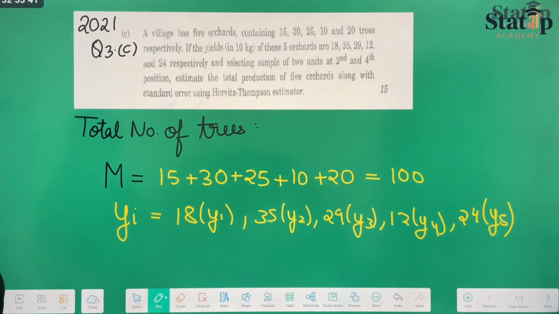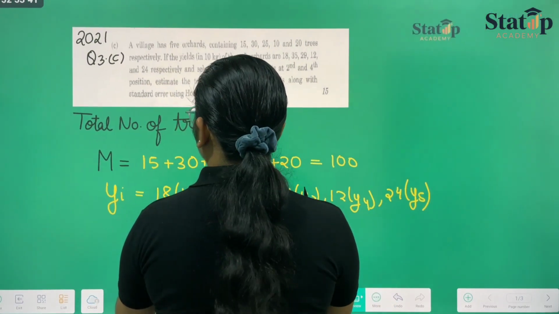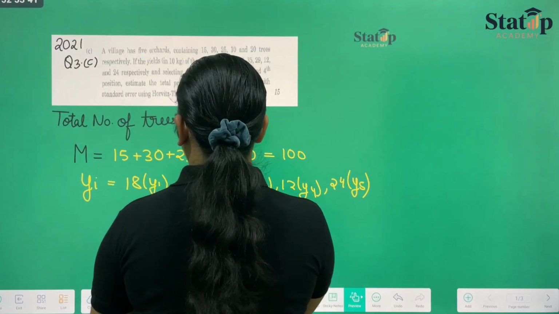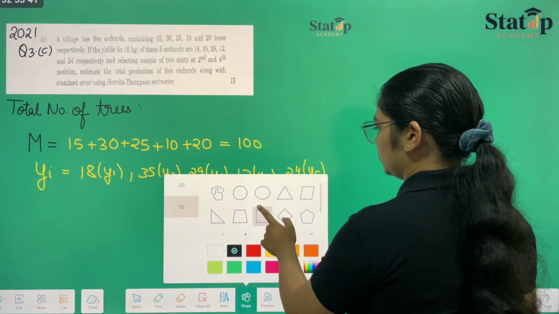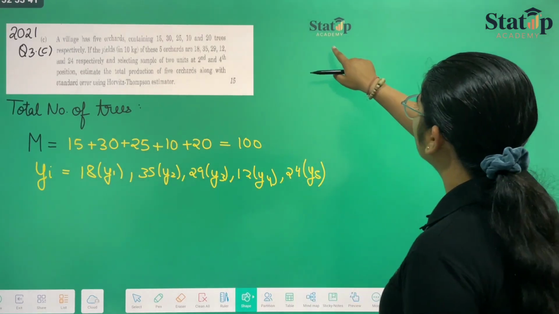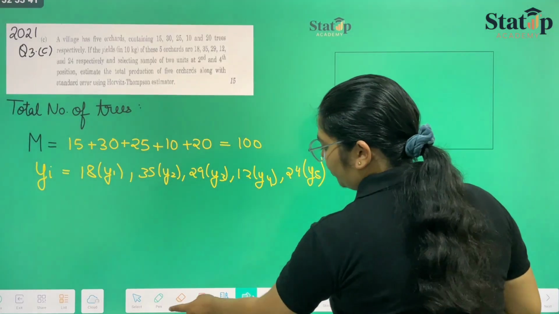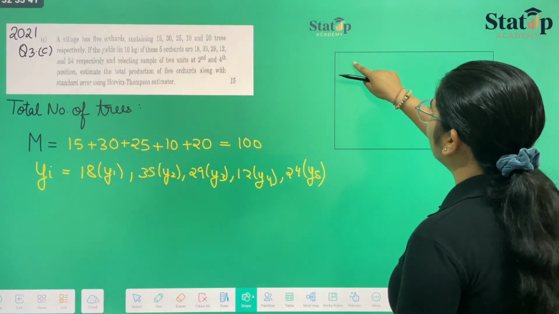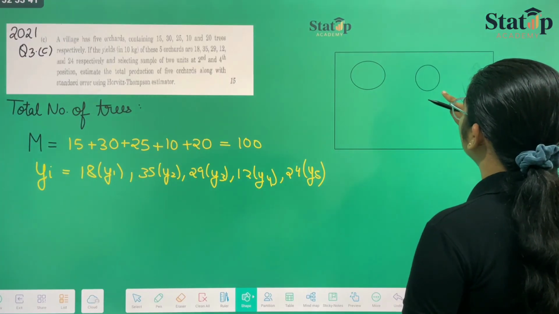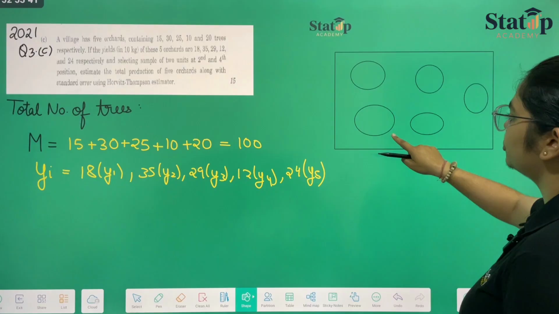Suppose they have taken 5 orchids. Suppose this is the field we are talking about. So we have 5 orchids: one, two, three, four, and this one is 5.